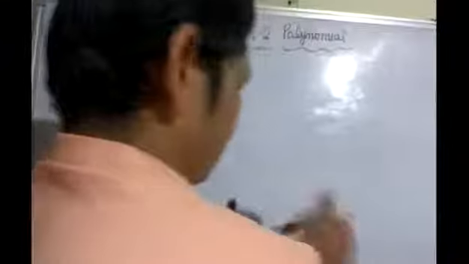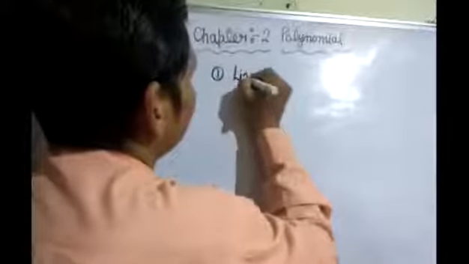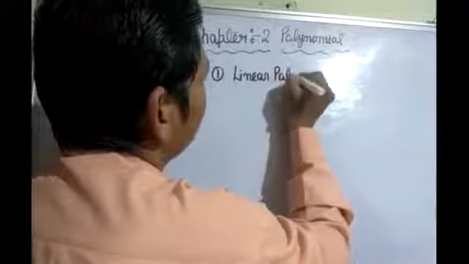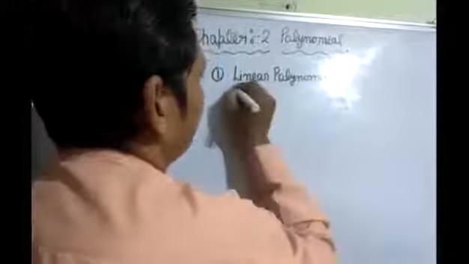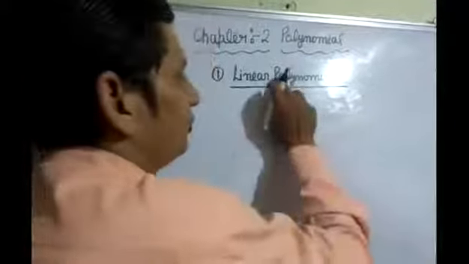Types of polynomial are: number 1, linear polynomial. A polynomial of degree 1 is called linear polynomial.